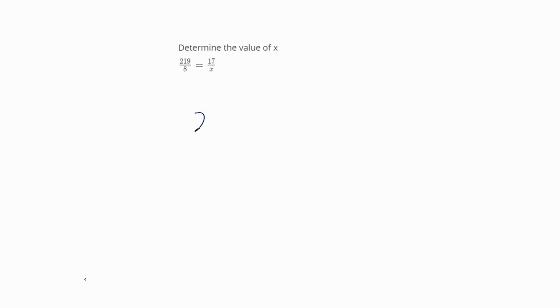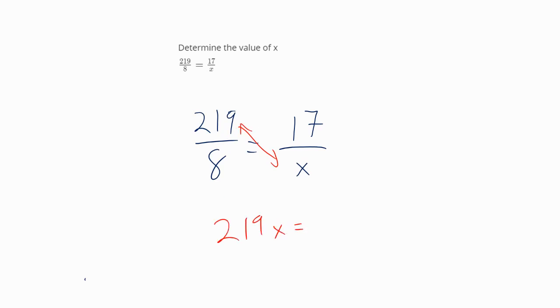So we have 219 divided by 8 equals 17 divided by x. You can cross multiply, right? So the 219 times x is going to equal, and then 8 times 17, right?